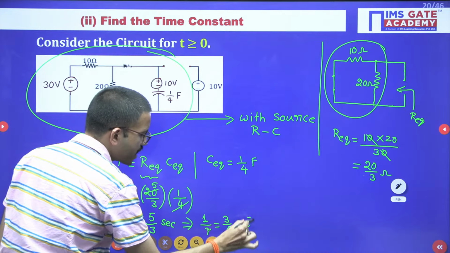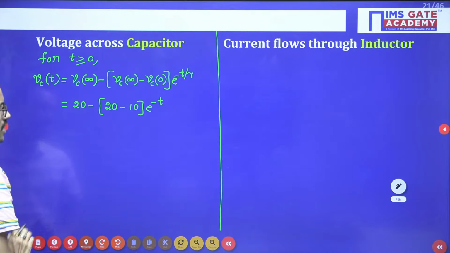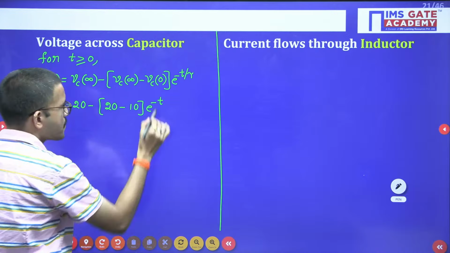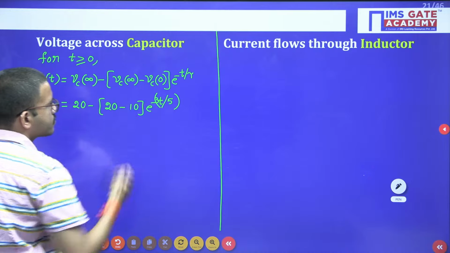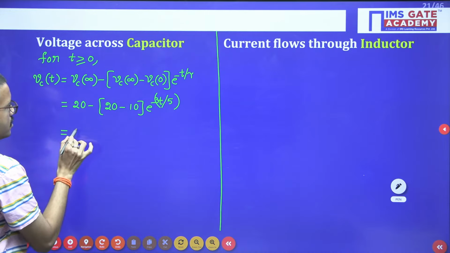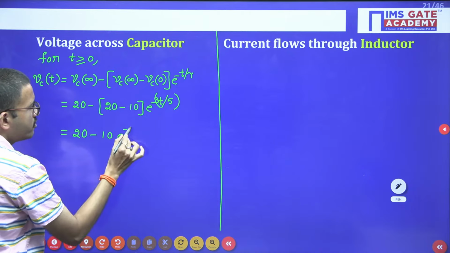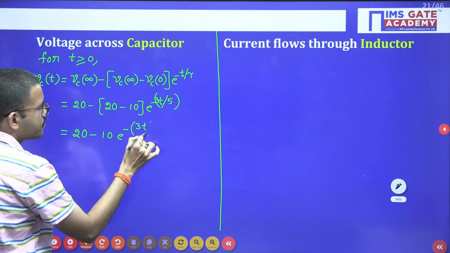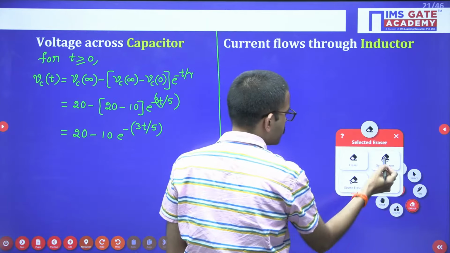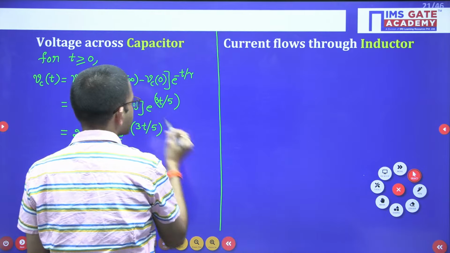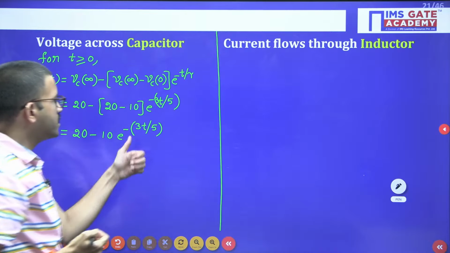Units will be second inverse or per second, both are the same. So e power minus 3t by 5. From here we get 20 minus 10 is 10 into e power minus 3t by 5.